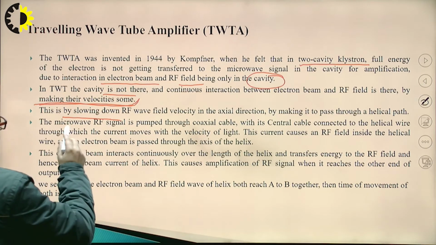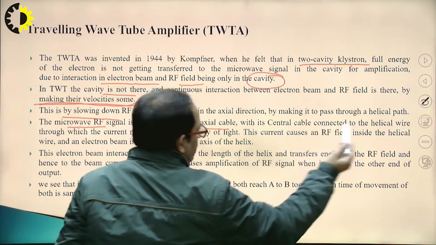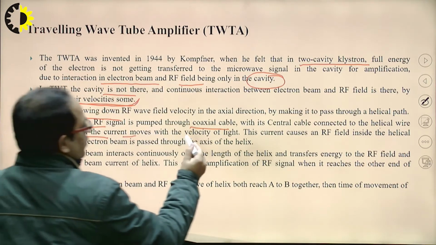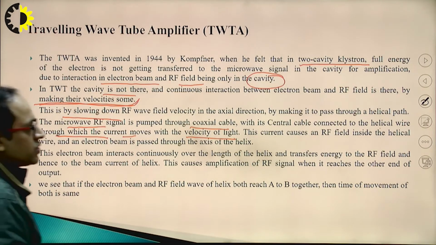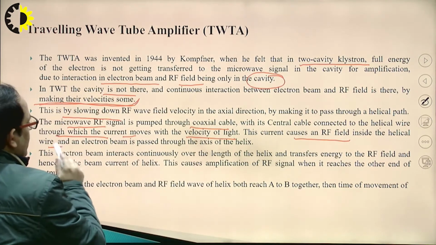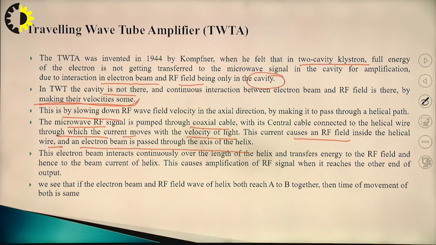This microwave RF field is pumped through a coaxial cable with its central conductor connected to the helical wire, through which current moves with the velocity of light. This current causes an RF field inside the helical wire, and the electron beam is passed through the axis of the helix. Clear?